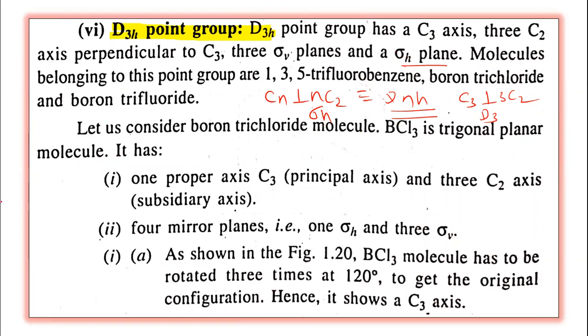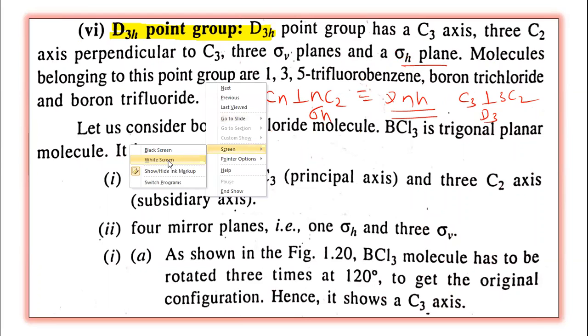So let us take this example to see how that point group is possible in the boron trichloride molecule. Let us draw the structure of the boron trichloride molecule. It has a triangular shape. 3 chlorine atoms are bonded covalently. Suppose this is chlorine 1, chlorine 2 and chlorine 3.